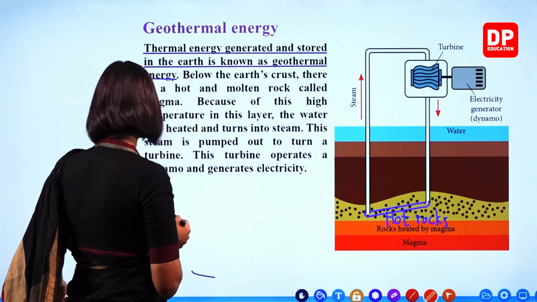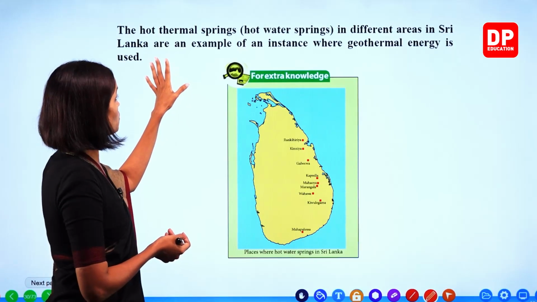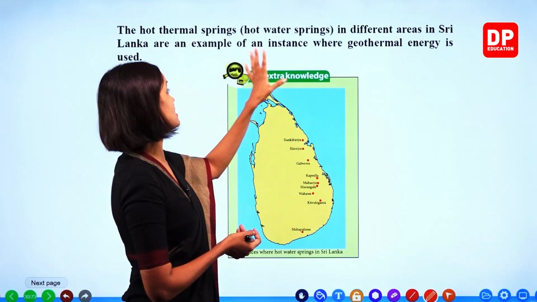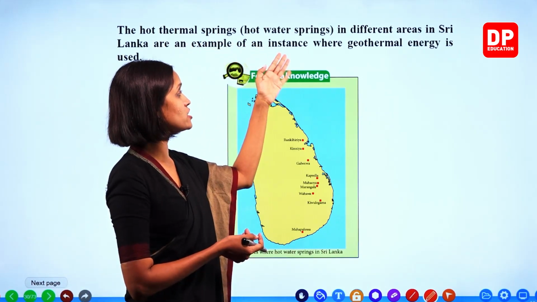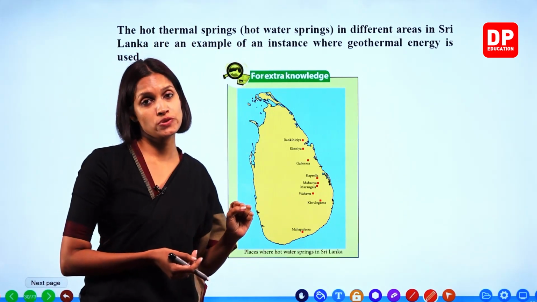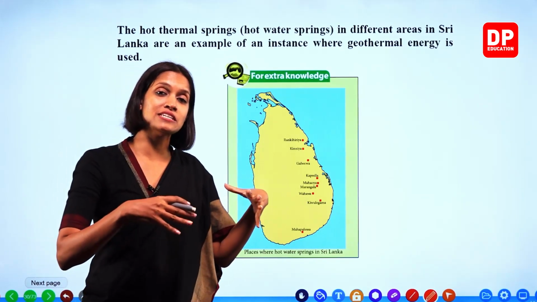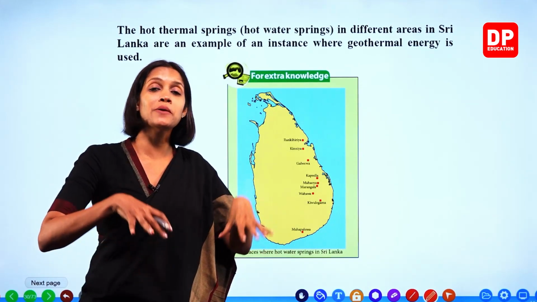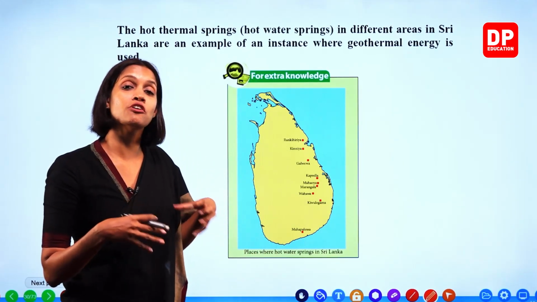Right, children? So the hot thermal springs, the hot water springs in different areas in Sri Lanka, are an example of instances where geothermal energy is used. The water bodies also can get heated up because of the magma present underneath. So these types of water bodies are known as hot water springs.